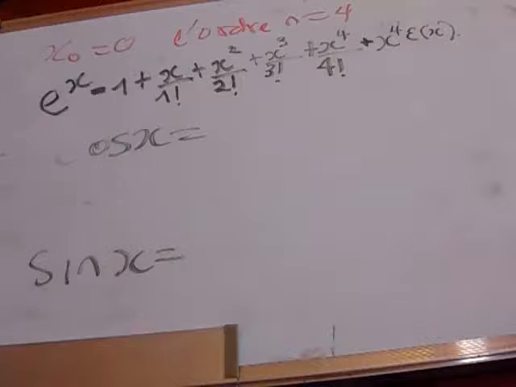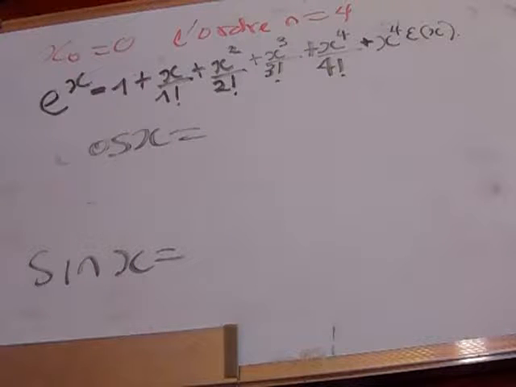So we have 1 plus x over 1 factorial, plus x squared over 2 factorial, plus x raised to the power of 3 over 3 factorial, plus x raised to the power of 4 over 4 factorial, plus x raised to the power of 4 epsilon of x. So this is one of the basic integrals and basic DLs, I'm sorry.